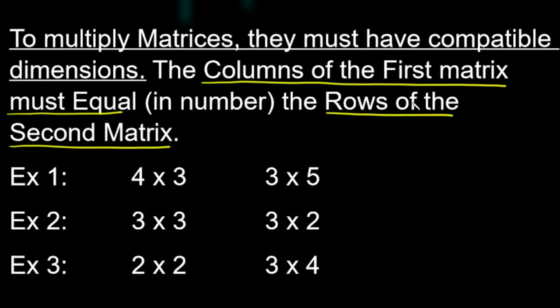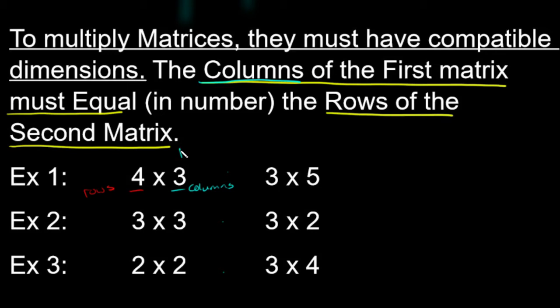All right, so let's dissect this. The number of columns in the first matrix. So remember, this is rows by columns. So the columns of the first matrix. So this is the first matrix here, if you're multiplying these together.